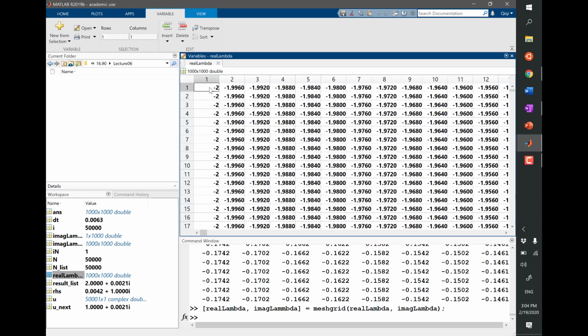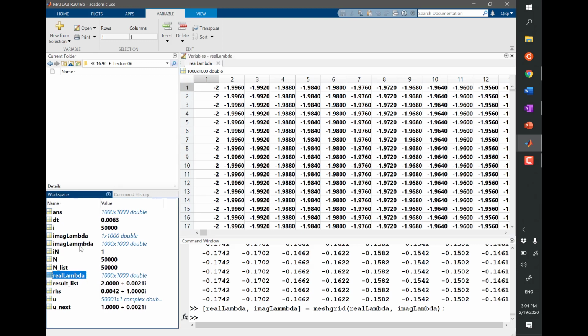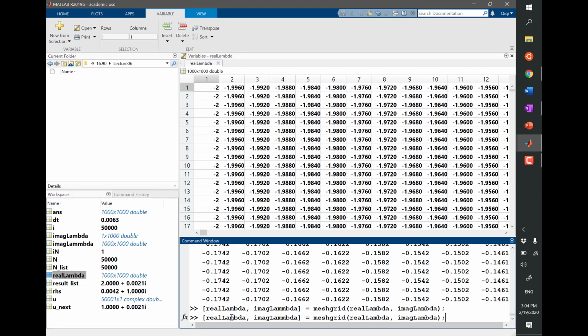On the vertical, each column is the same number, but different columns have different numbers. If you look at imaginary, I think I had a typo.